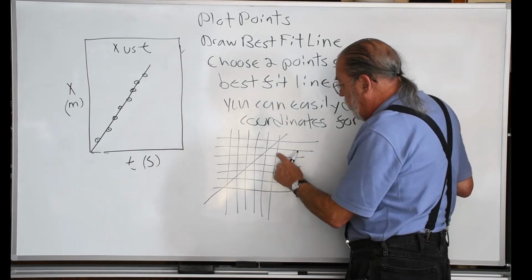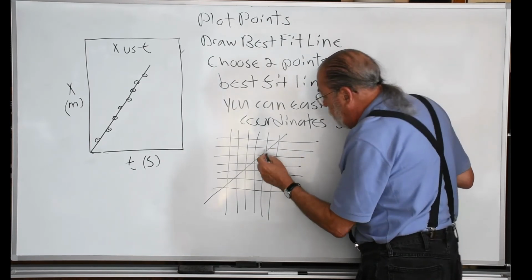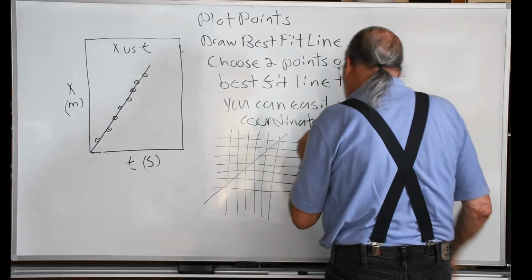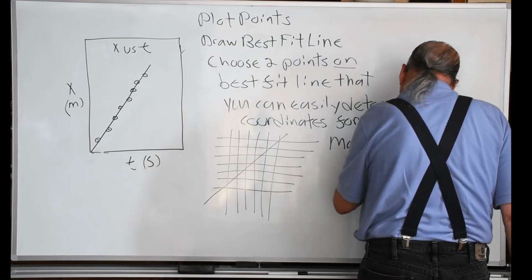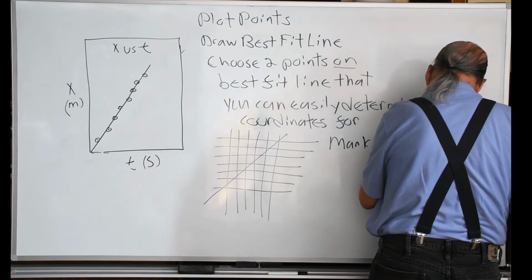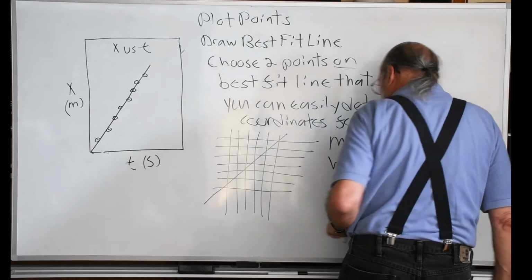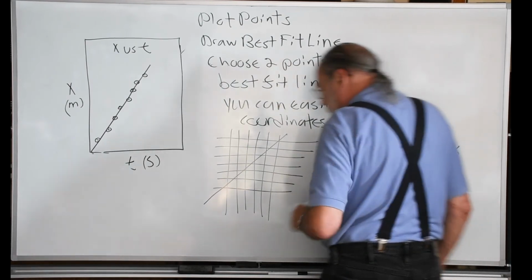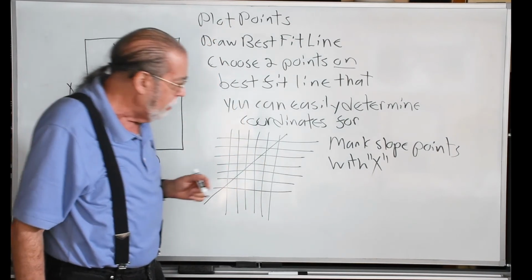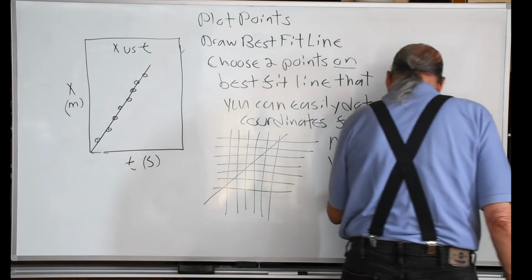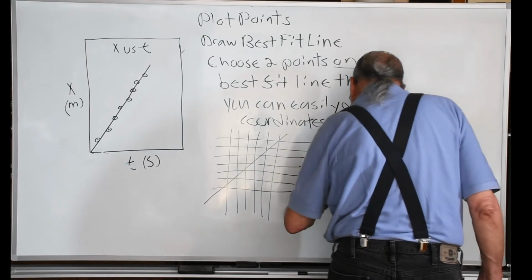It looks like this one here. This is about 1/4 of the way from this line to this line. So if I choose this point, mark the slope points with an X and label the coordinates.